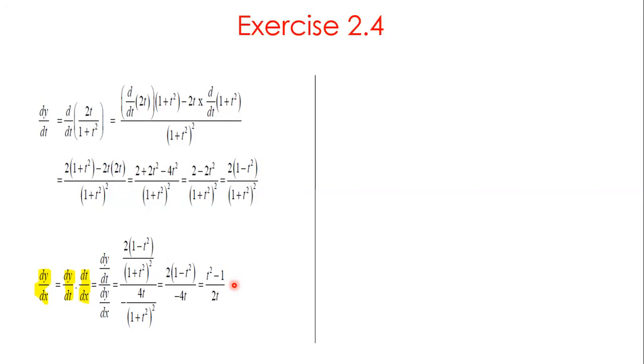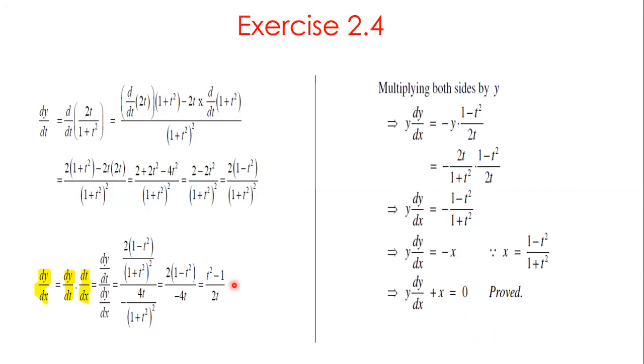Now we will move toward the proof, that is y dy by dx plus x is equal to 0. For the proof, multiply both sides by y. y dy by dx is equal to y times minus (1 minus t square) over 2t. Replace the value of y. What is the value of y? The value of y is 2t over 1 plus t square. This 2t cancels out with this 2t.